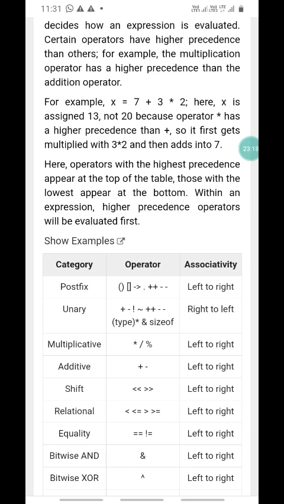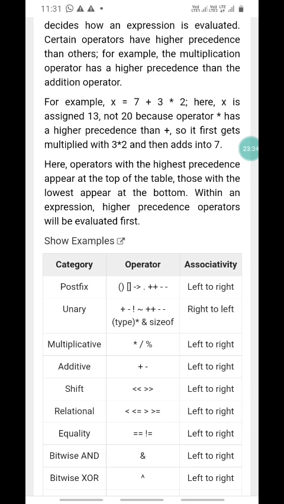So first is postfix, left to right, then unary operators. Associativity, along with precedence, means the priority of the operator.